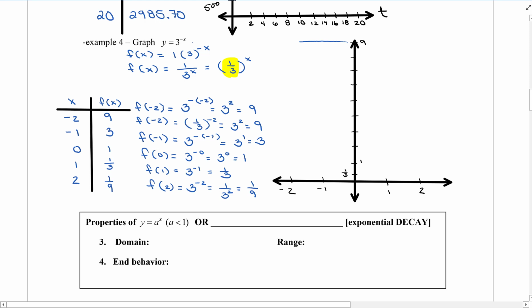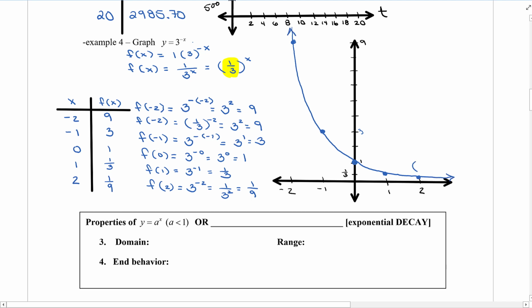So now I'm going to plot down these ordered pairs. We're going to plot down -2, 9, -1, 3, 0, 1, 1, 1/3, and 2, 1/9. I'm going to connect those ordered pairs, and I'm going to draw arrows on the ends of my curve here.